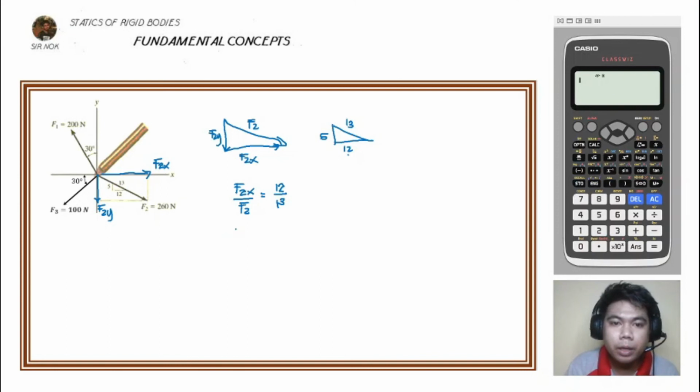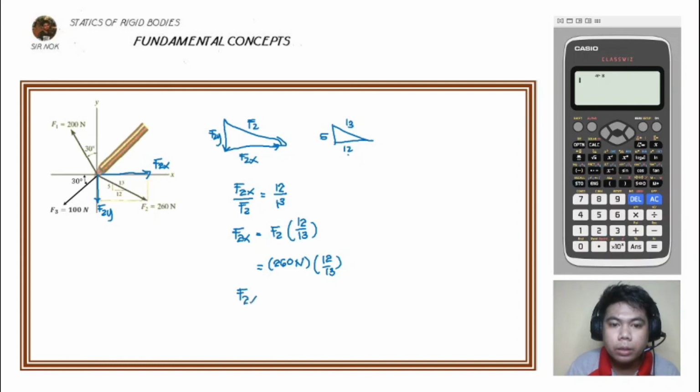So cross multiply. F2x is equal to F2 times 12 over 13. F2 is 260 Newton times 12 over 13.